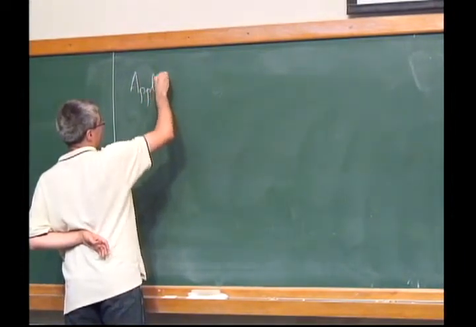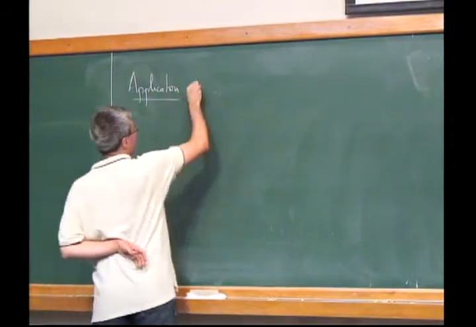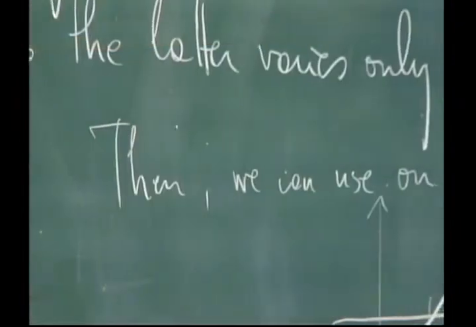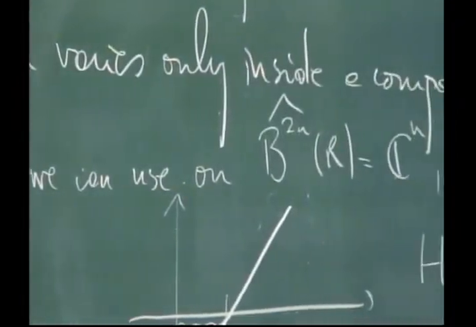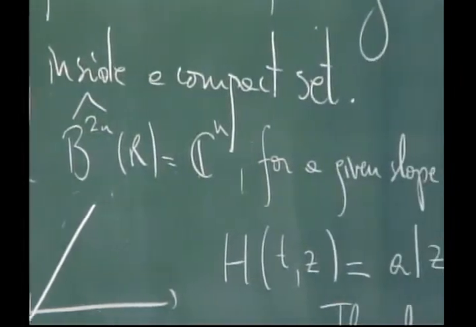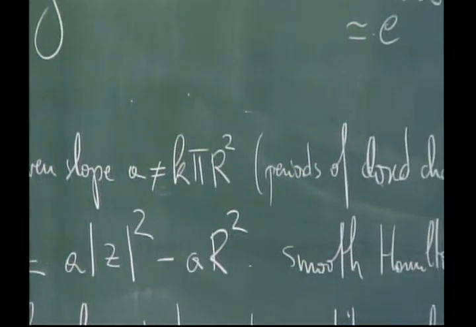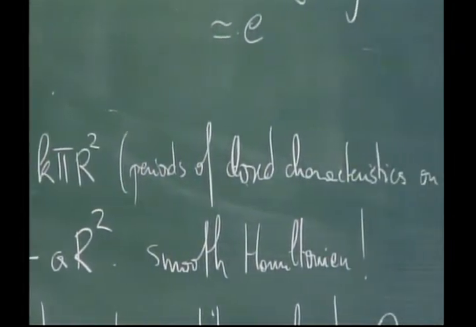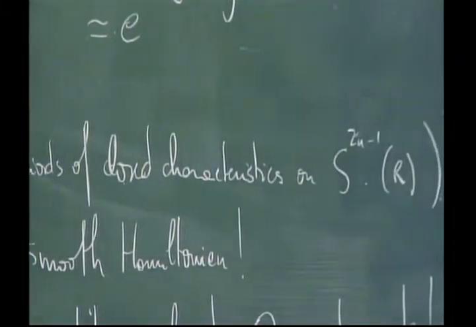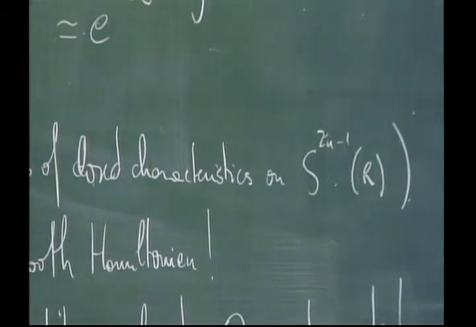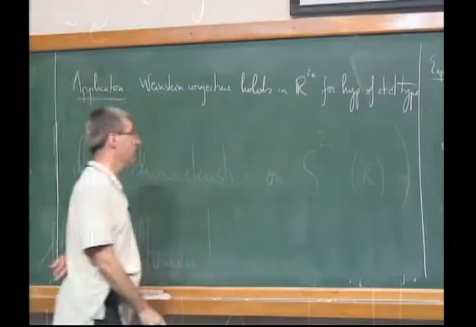Application. The Weinstein conjecture holds in R to n for hypersurfaces of contact type. Why is that?